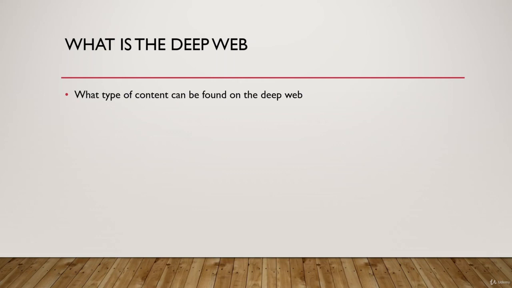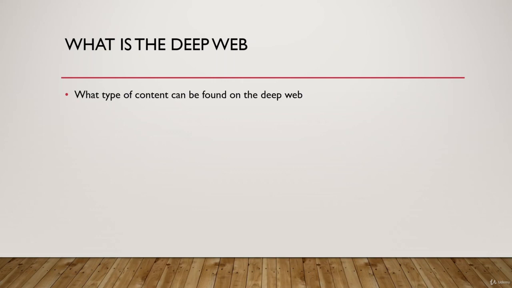The majority of them are private, or they don't want Google to index them, and it's understandable. For example, an email service will not want Google to index pages that are supposed to be private. Those pages are strictly reserved to the person that owns the email, for example. So once again, this is part of the deep web.